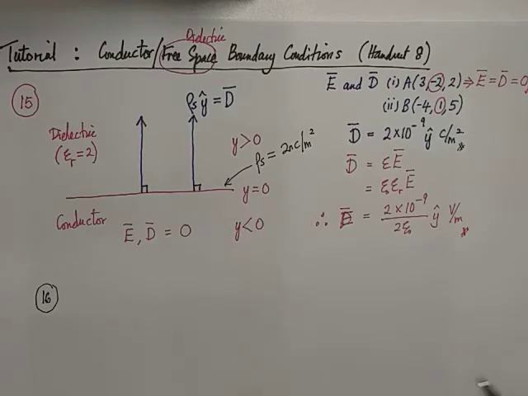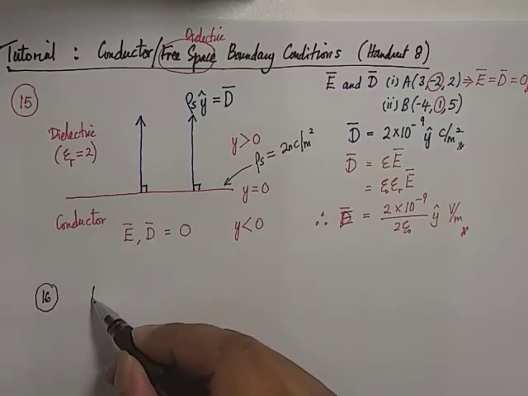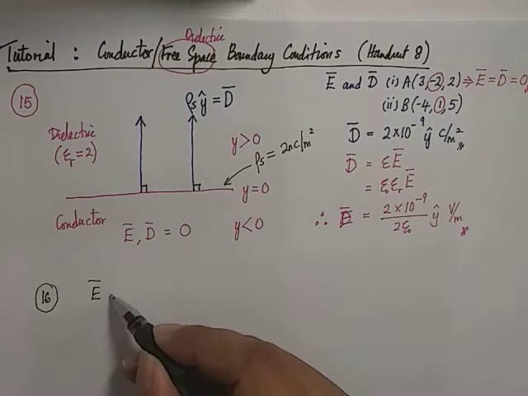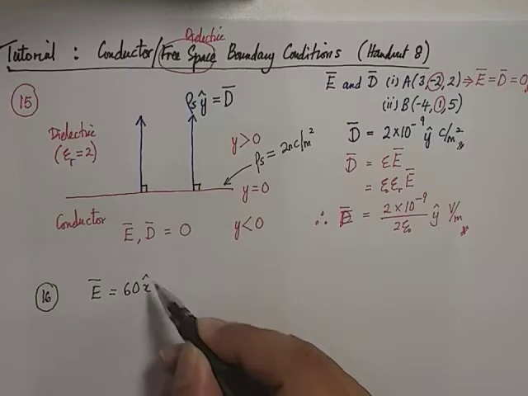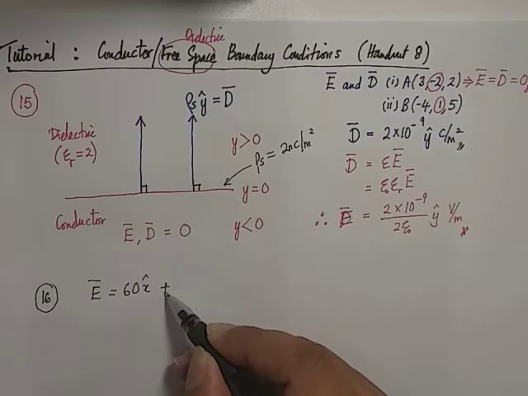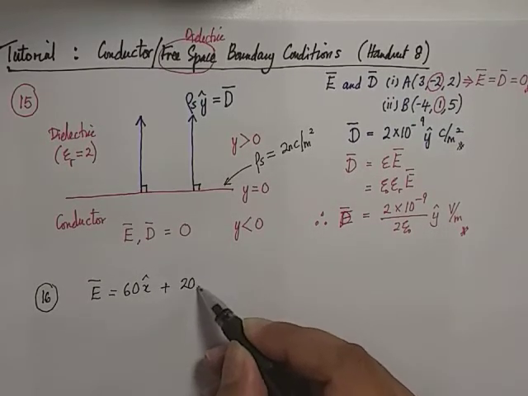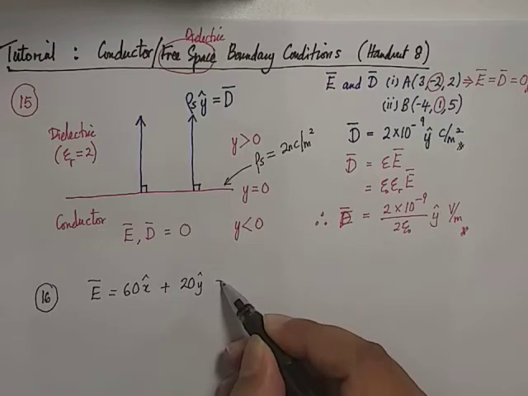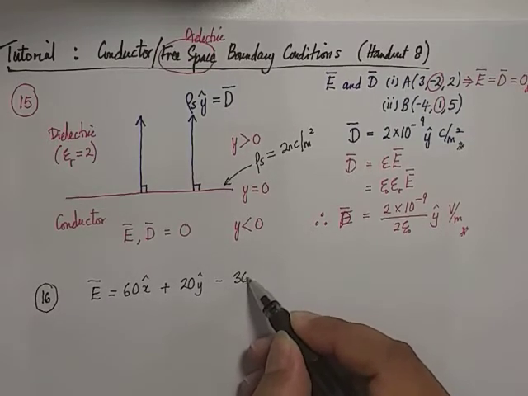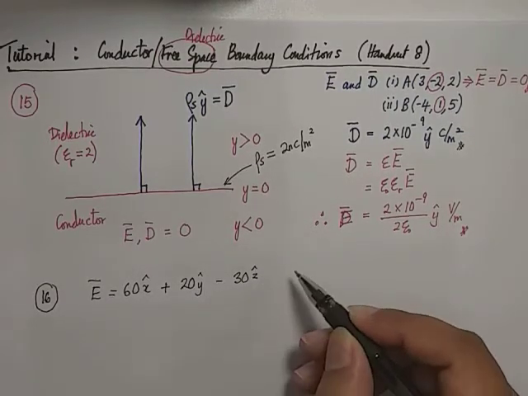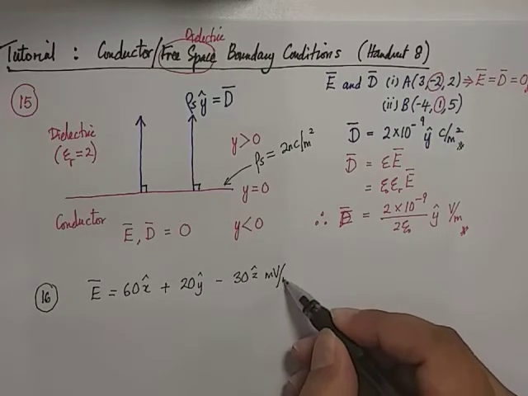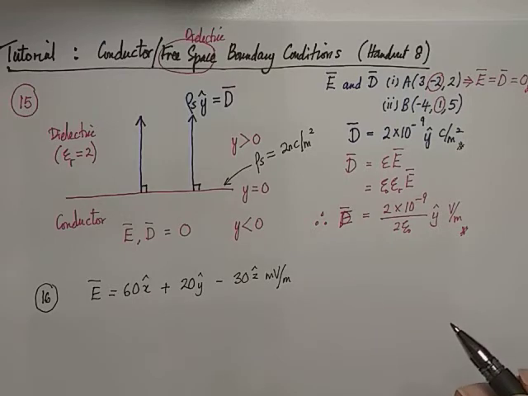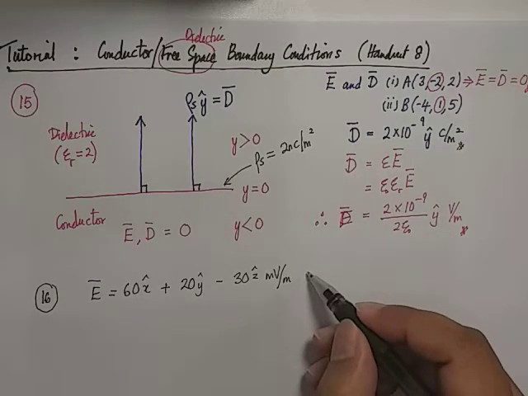Okay, so given here, E, electric field intensity, equal to 60 in X direction, plus 20 in Y direction, minus 30 in Z direction, millivolt per meter. So milli means times 10 to negative 3. So this is located where?